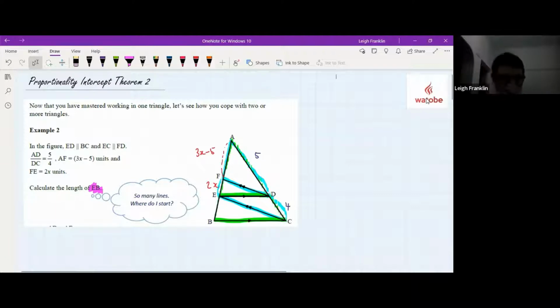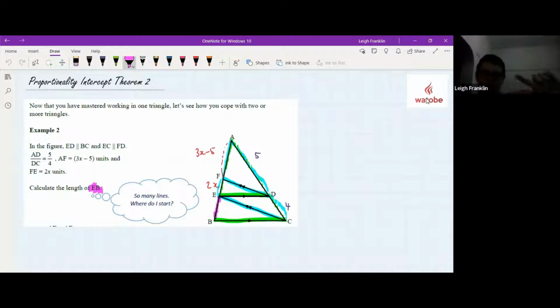Now EB is this side over here. A good way to approach these problems is to start with what it is that you want to find and say to yourself, what would this be equal to? Can you see, Matrix? EB is the piece between E and B on the left-hand side.